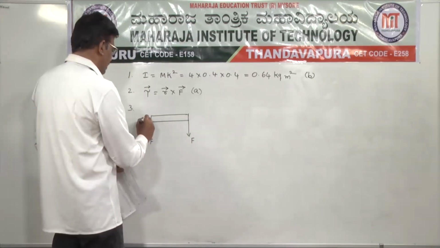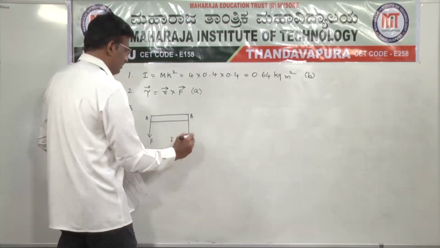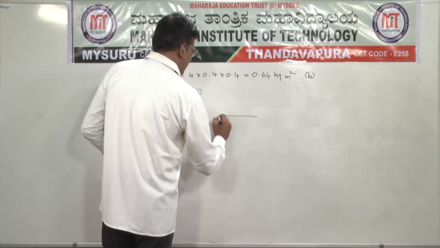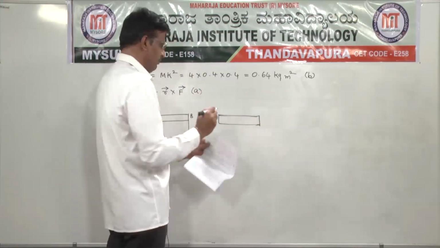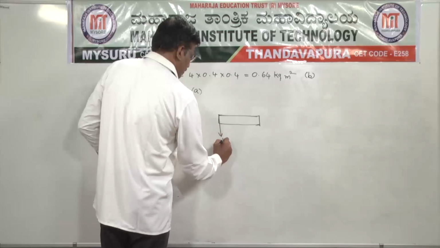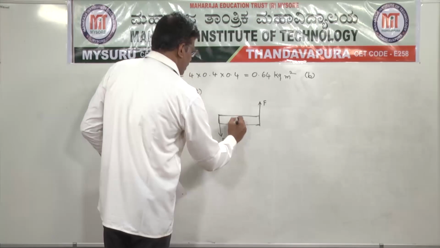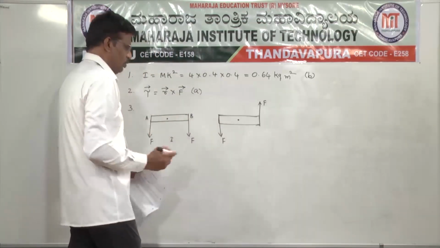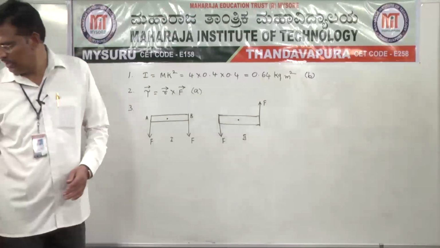Here is A and this end is B. This is the first diagram. And in the case of the second diagram, two forces are given, this is one force and here is another force. These are the two diagrams.